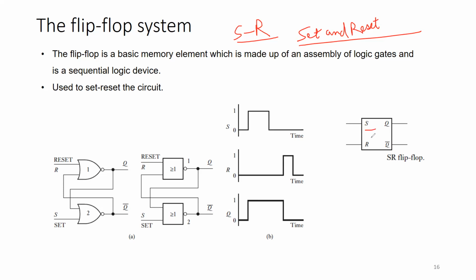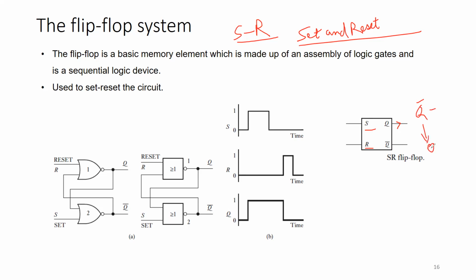Over here it is written S and R. That means setting a value will give an output Q, and if you reset it, it will give an output Q bar, that is Q not, or Q modulus. What is Q modulus?